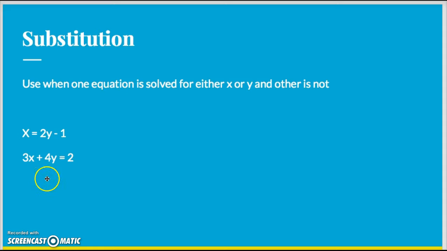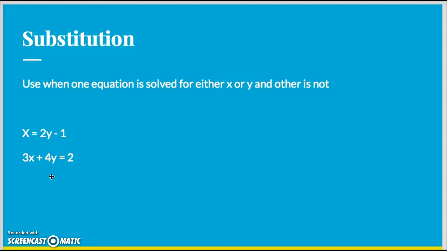If you look at this example, we have x equals 2y minus 1 and 3x plus 4y equals 2. The first thing I notice is that this first equation tells me what x equals.